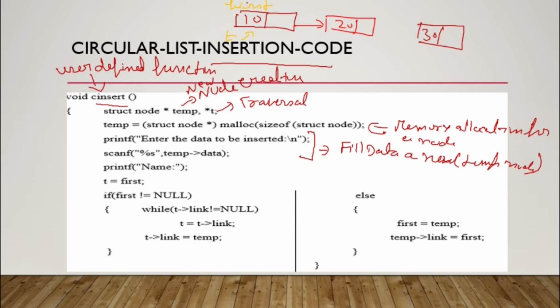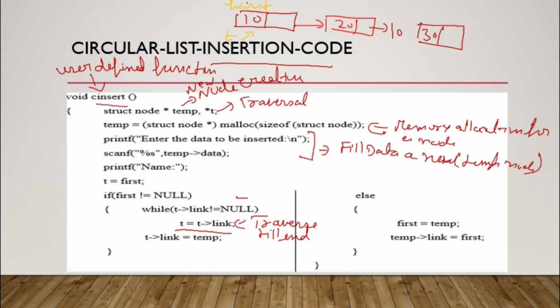So t, we are making it point to the first node. If first is not equal to null, what we are supposed to do is while t of link is not equal to null, till t reaches the end, students, we have to traverse.